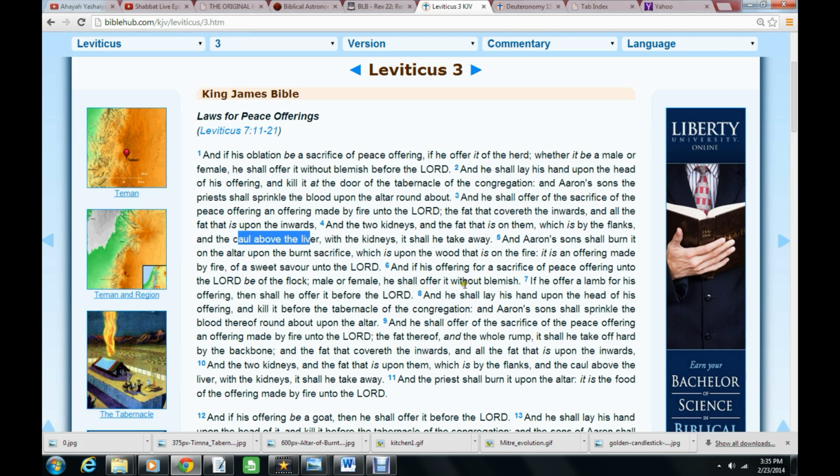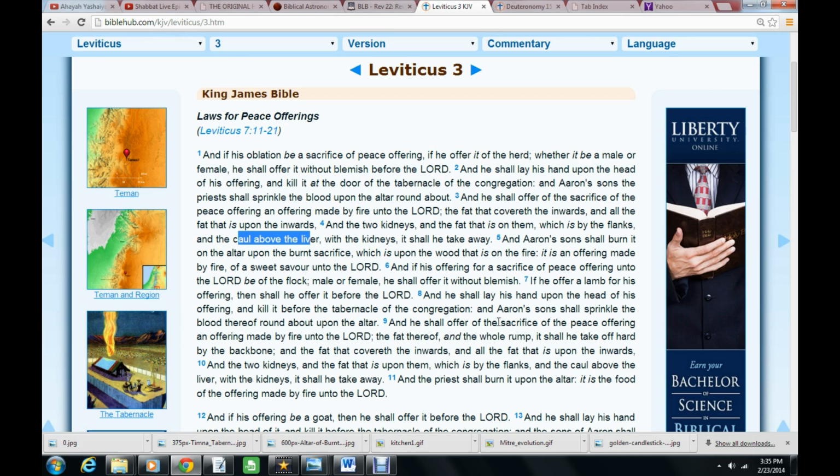If he offer a lamb for his offering, then shall he offer it before the Most High. And he shall lay his hand upon the head of his offering, and kill it before the tabernacle of the congregation. And Aaron's sons shall sprinkle the blood thereon round about upon the altar.